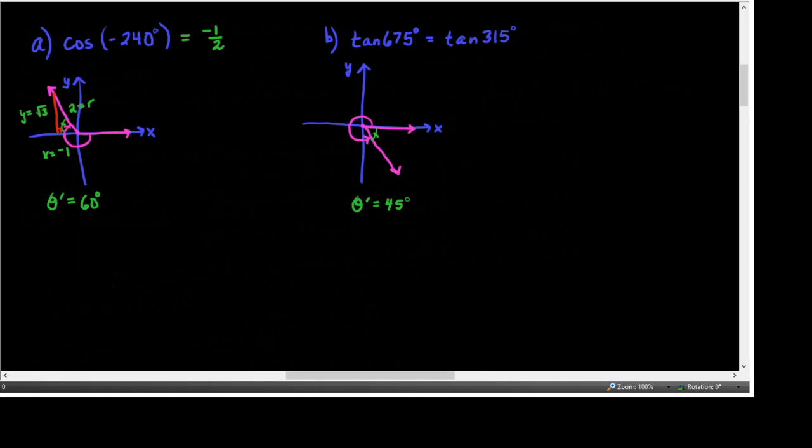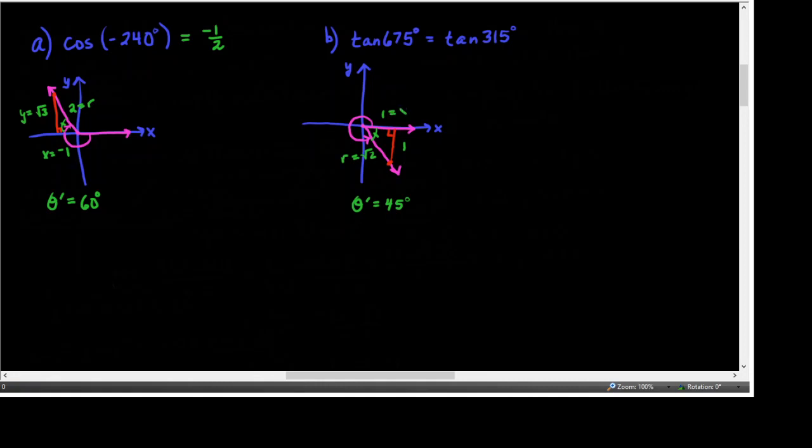Pick any point on the terminal side of the angle, draw a perpendicular to the x-axis from that point. Since this is a 45, 45, 90 right triangle, that means that the side lengths are leg is 1, and hypotenuse is square root of 2. So r is square root of 2.